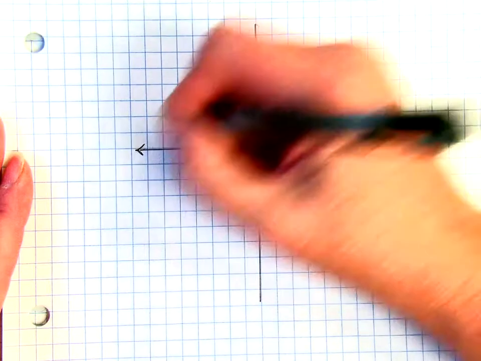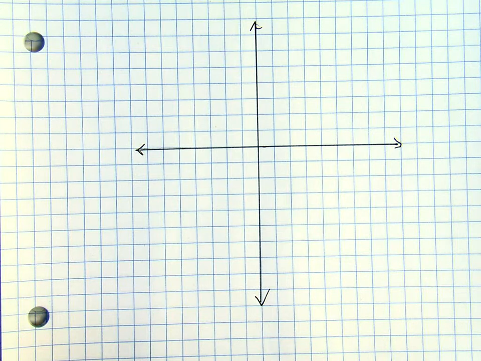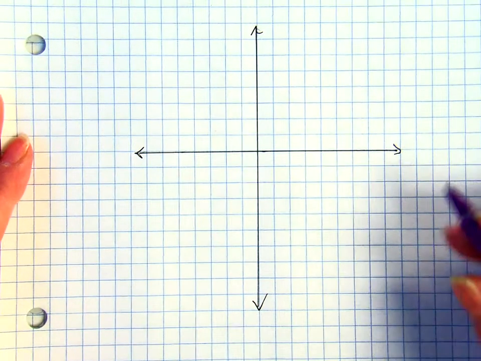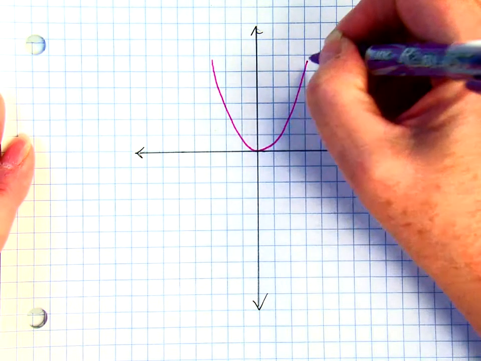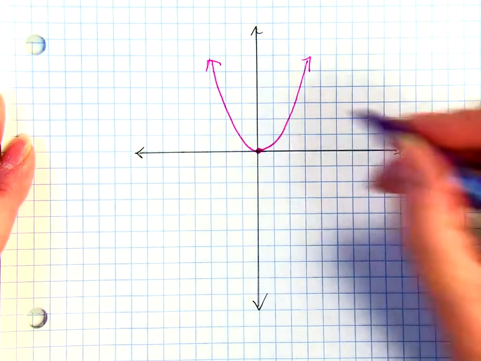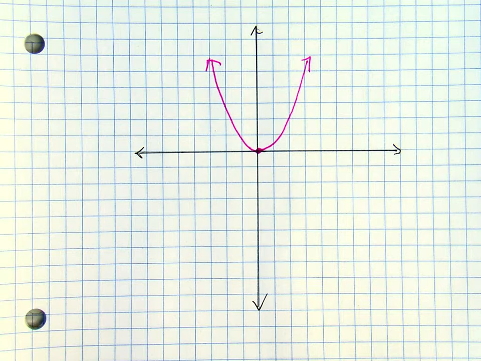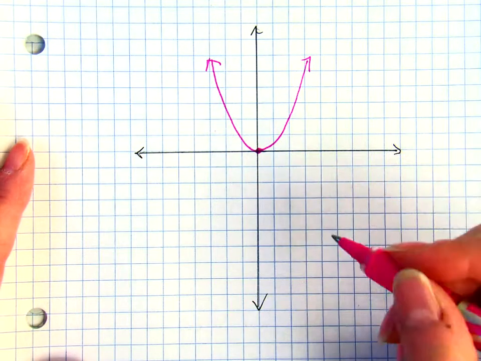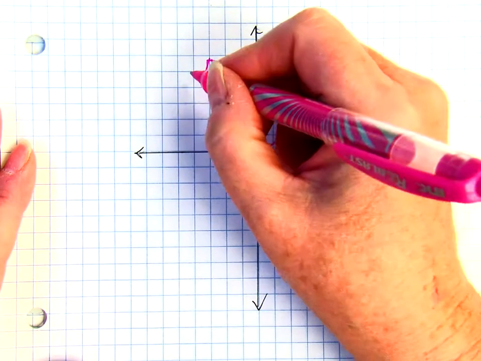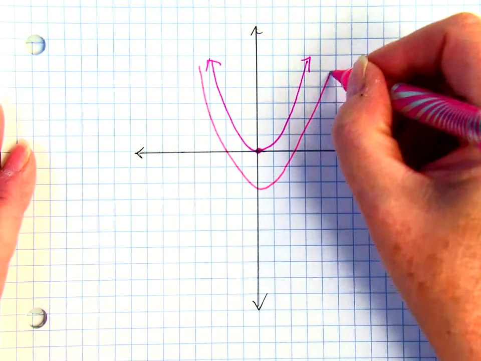And as always, I do like to make my coordinate plane look nice. So if I have the b squared minus 4ac that equals 0, what I'm going to have is a parabola that touches the x-axis in one spot. If I have b squared minus 4ac where it has 2 solutions, that's going to be coming down like this.